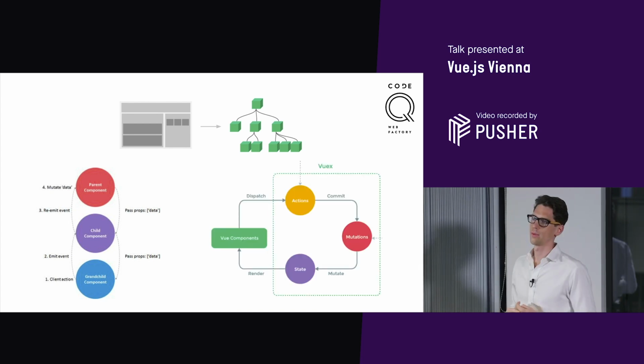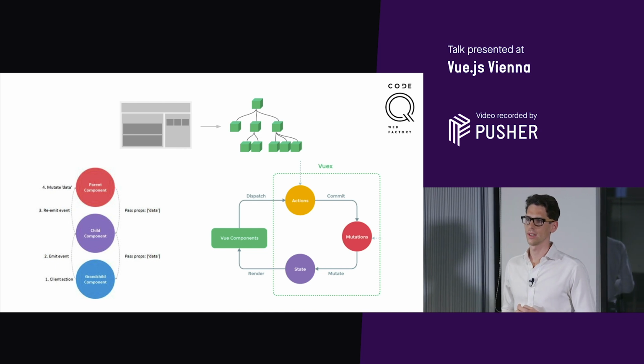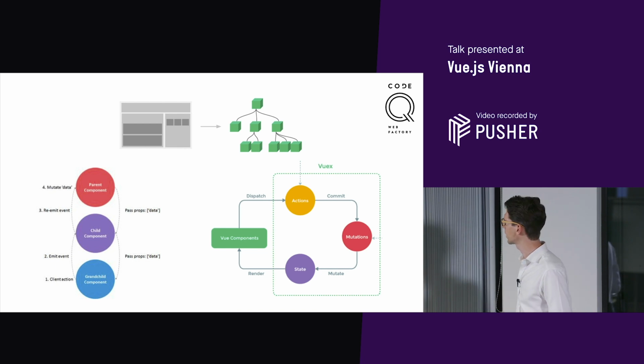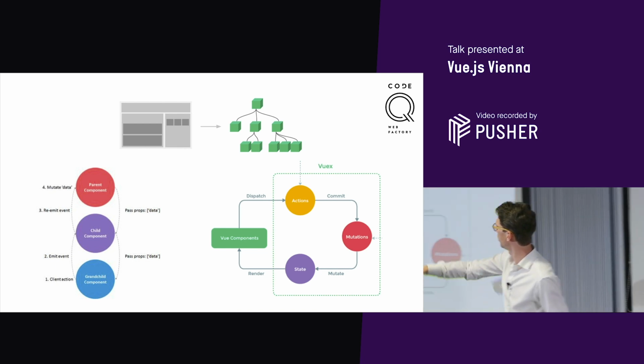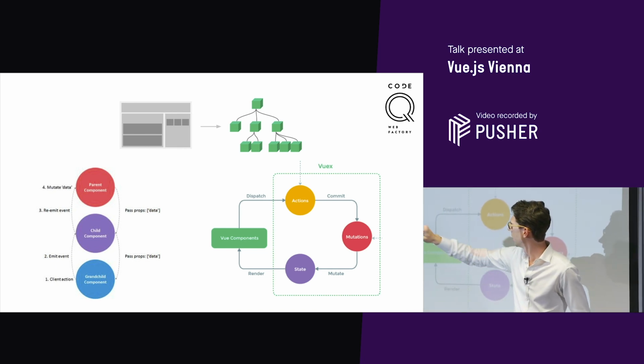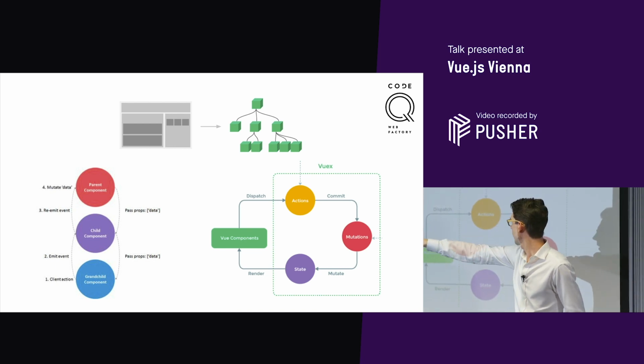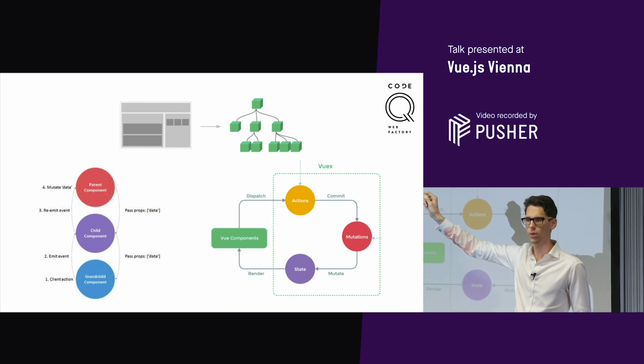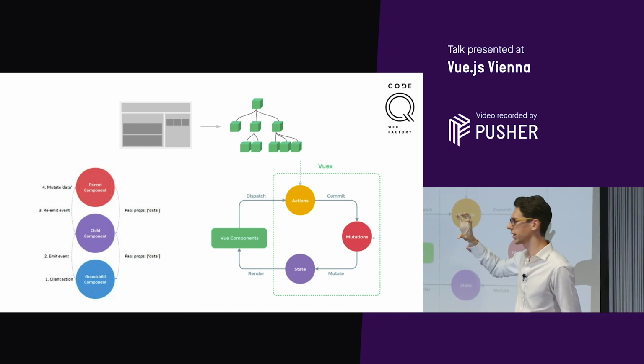This is where Vuex comes in. It's similar to Redux from React, and the basic idea is that the Vue component, instead of sending data to the parent, directly dispatches an action which saves the data in the data store.